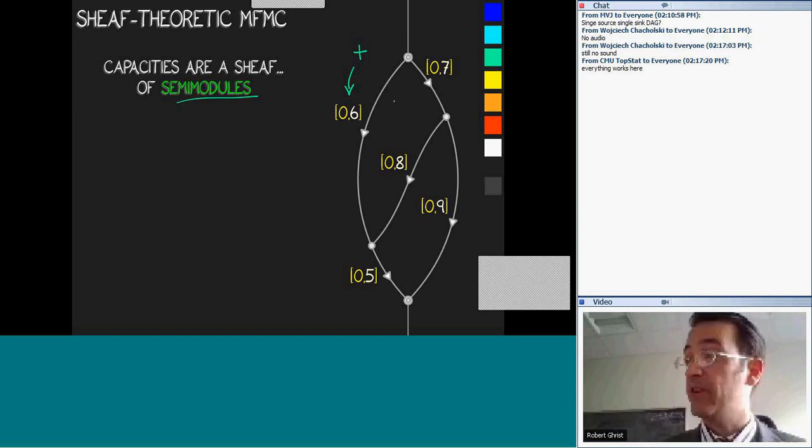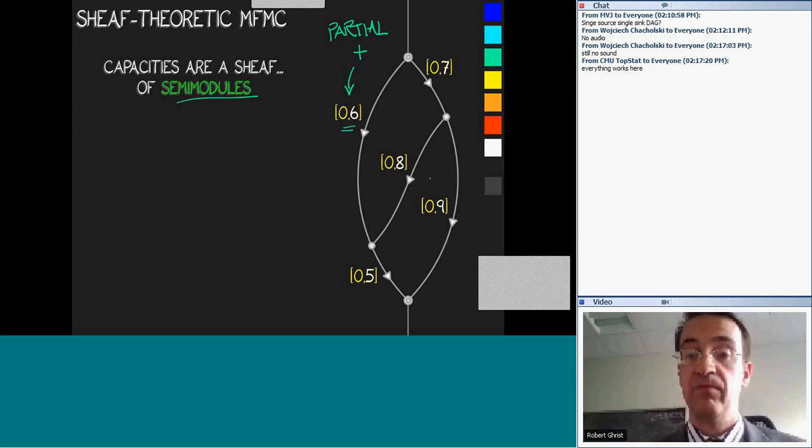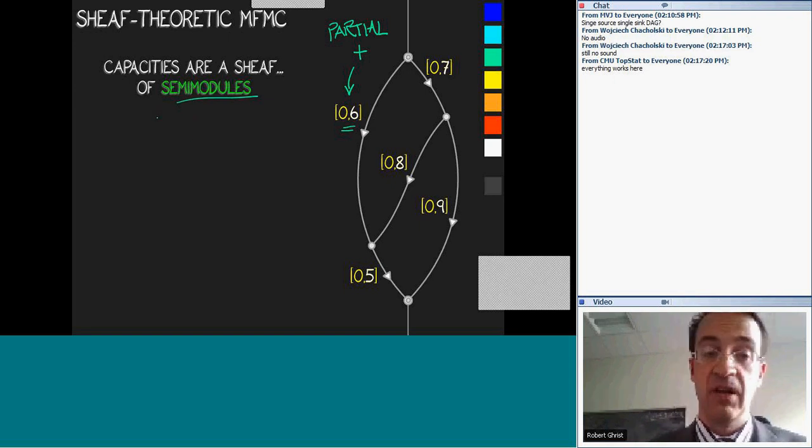It's going to be important to keep everything commutative so that we don't care about which order things are added, but it is also restricted or partial in the following sense. You can add within the interval until you get up to 6. And if you try to exceed that, addition is no longer possible.